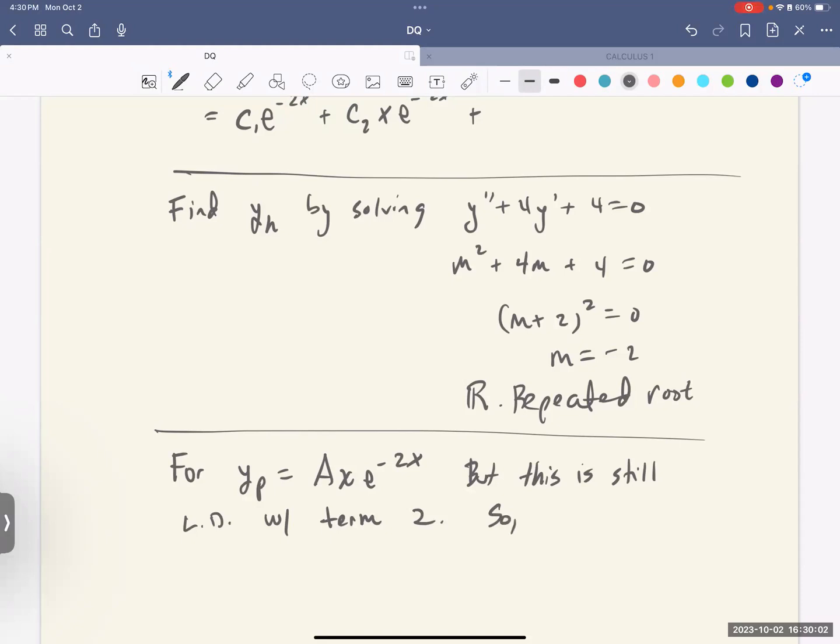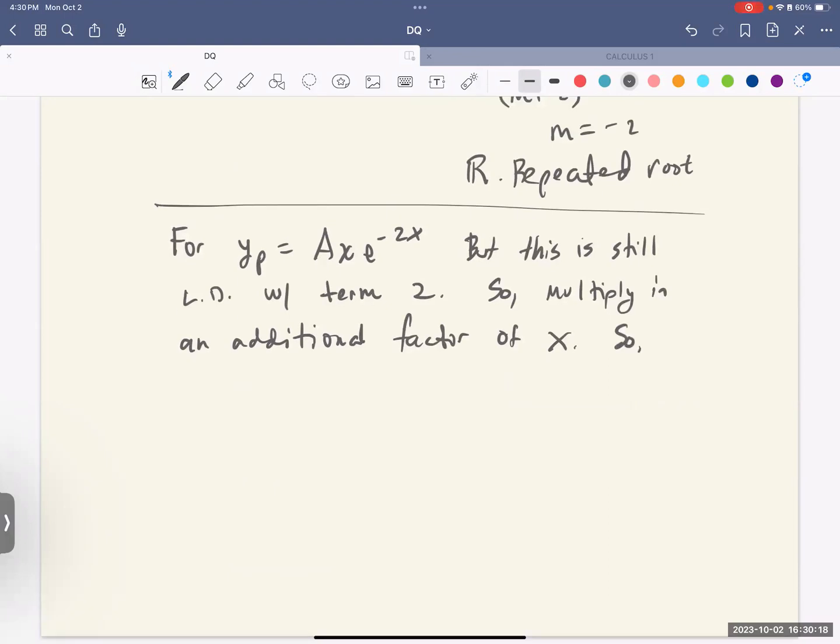So multiply in an additional factor of x. So let's go with y sub p is equal to ax squared e to the negative 2x.